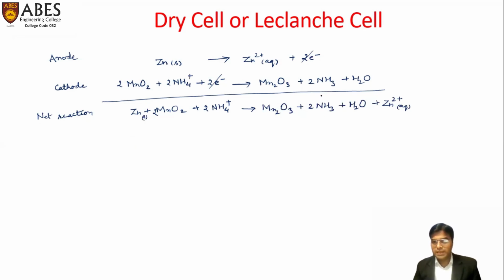This ammonia gas, which is liberated, may disrupt the current flow, but it is prevented by its reaction with the ZnCl2, zinc chloride, available in the electrolyte. So it forms a complex with zinc chloride and it can be shown by this reaction.